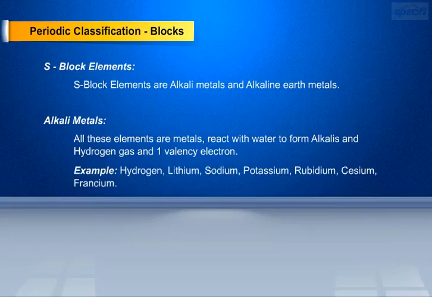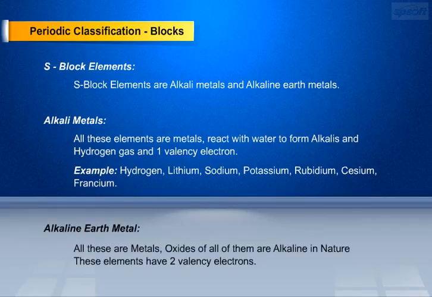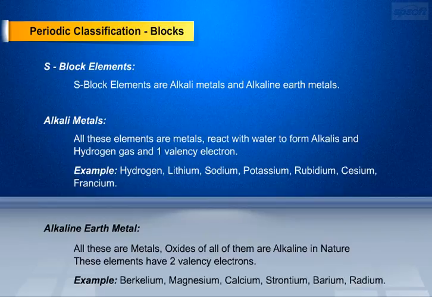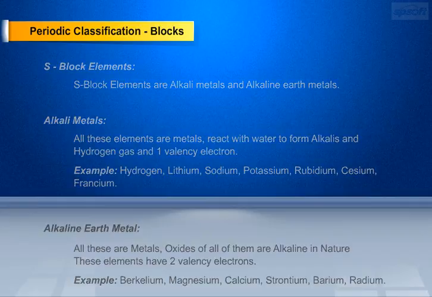For example, hydrogen, lithium, sodium, potassium, rubidium, cesium, francium. Alkaline earth metals. All these are metals. Oxides of all of them are alkaline in nature, and they have 2 valency electrons. For example, beryllium, magnesium, calcium, strontium, barium, radium.